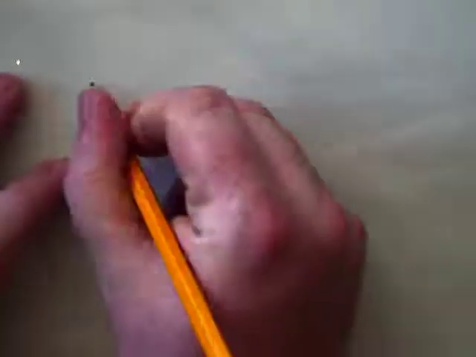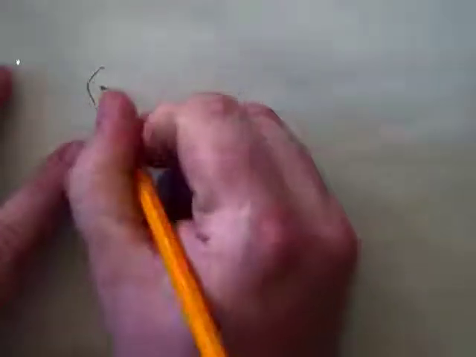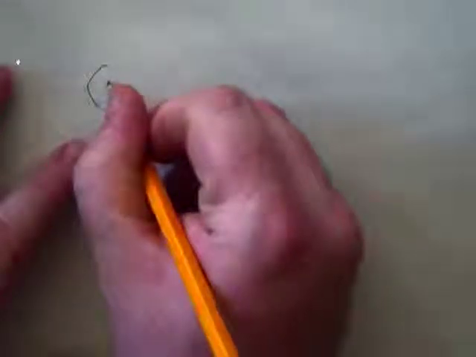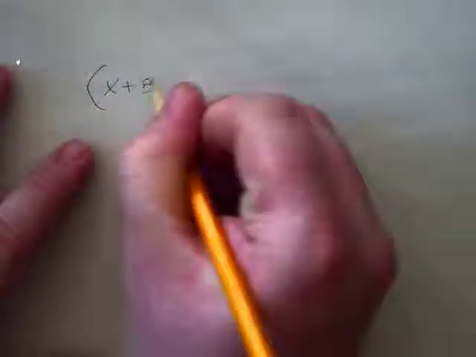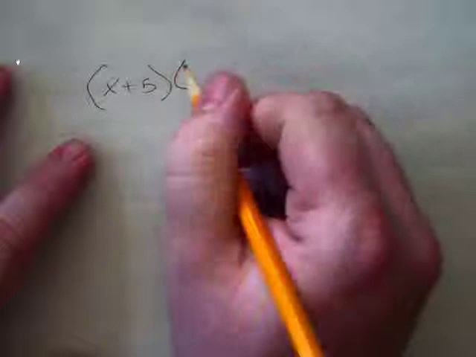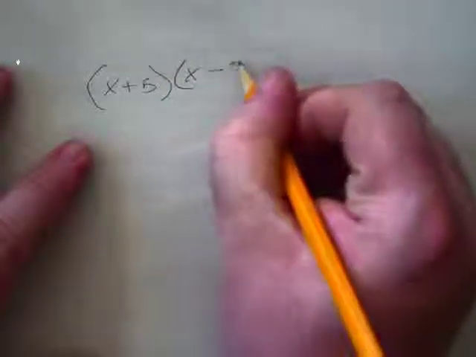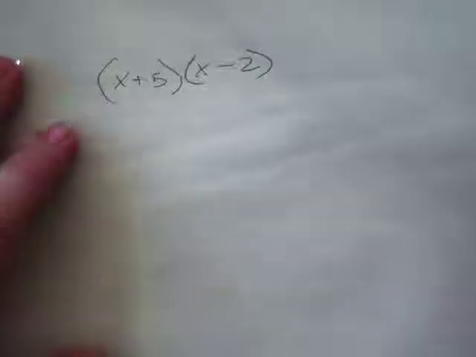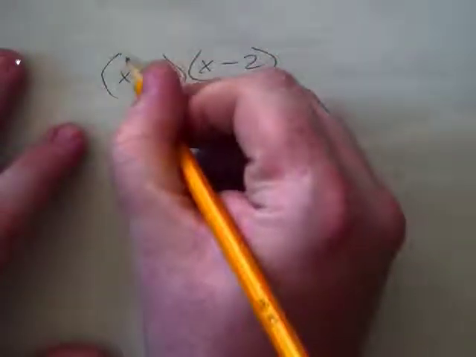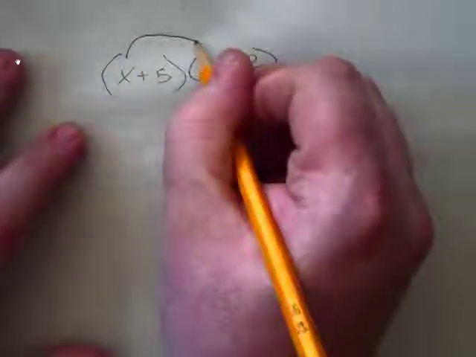What that means is if I have two equations or two roots and I'm multiplying them together, so I have x plus 5 and x minus 2. The first numbers are the first ones you multiply.